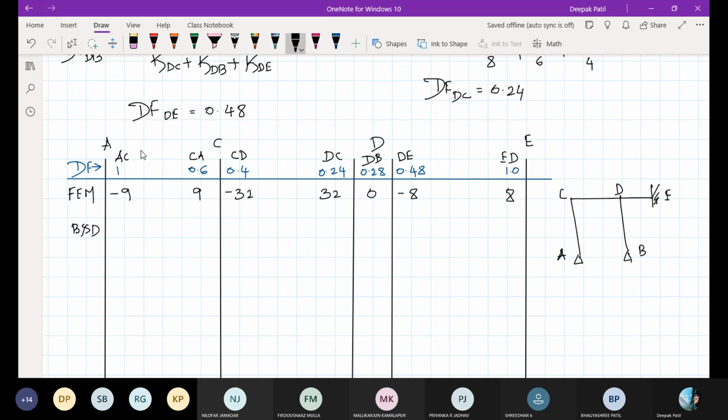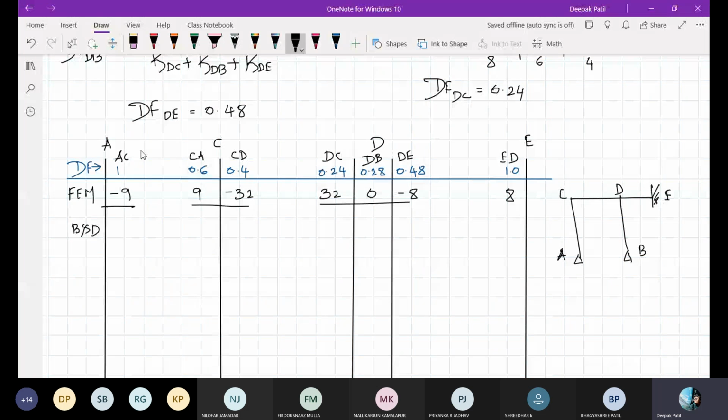Yes, sir. Because originally it is a pin support. So you should balance. So underline it. And will you balance C? Yes, sir. Underline that. Will you balance D? Yes, sir. Underline that. Will you balance E? No, sir. No, you should not balance E because E is originally fixed support. So you should not balance that.